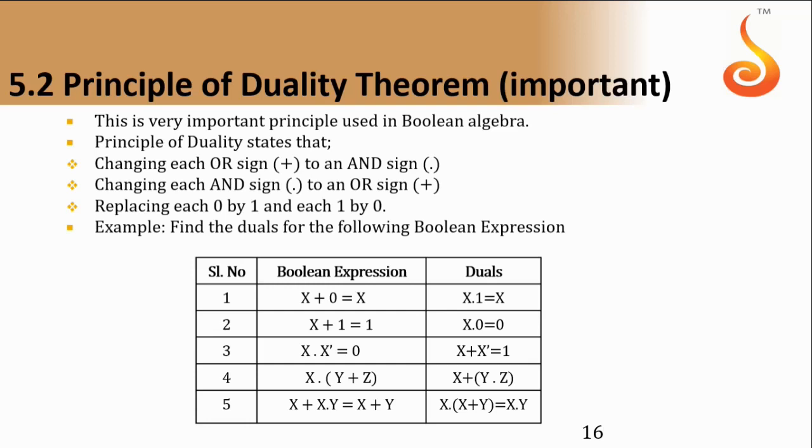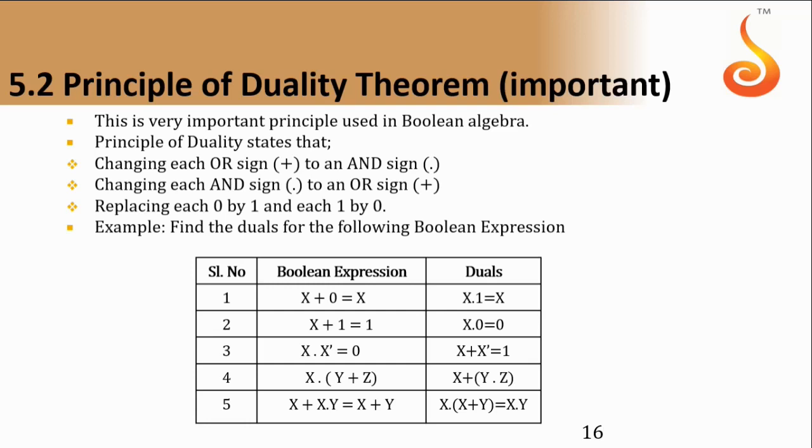After that, replace 0 by 1. If there are zeros in the expression, replace it by 1 and replace 1 by 0. So after doing all these four steps, you will get the dual of a Boolean expression. This is the duality theorem.